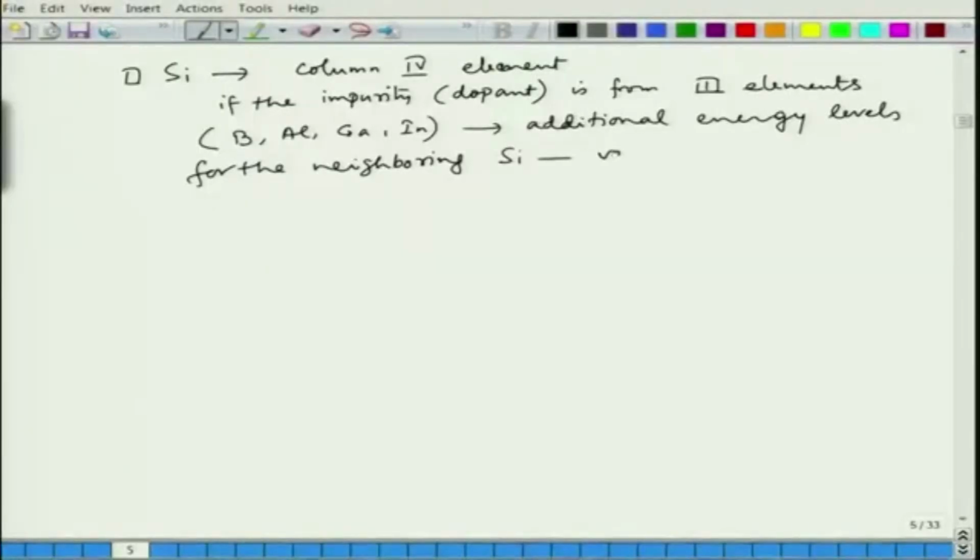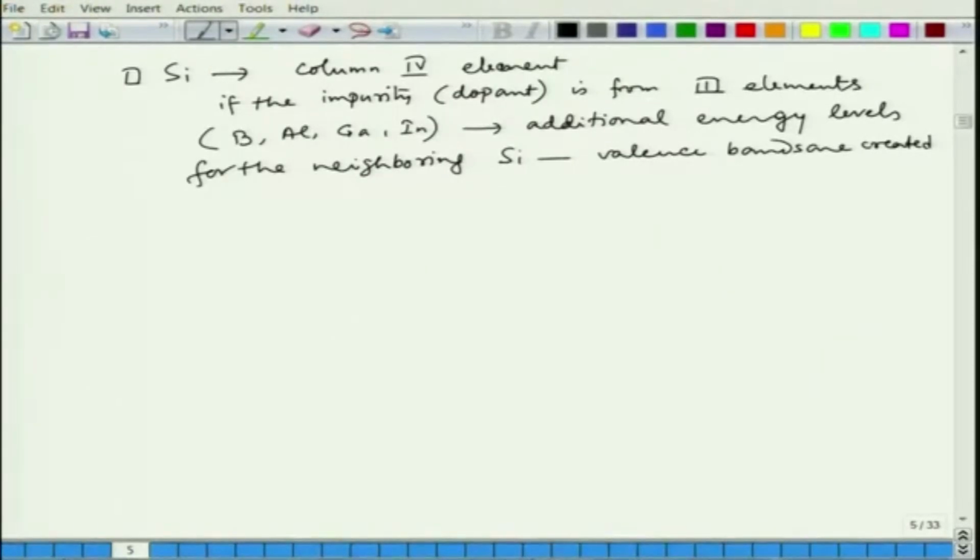Okay. So, what does it do? The valence bands are created. Basically the material does not know what is a valence band or what is a conduction band. We name them for our own ease of talking, or labeling, so that we can communicate among ourselves. So, what do these elements do?